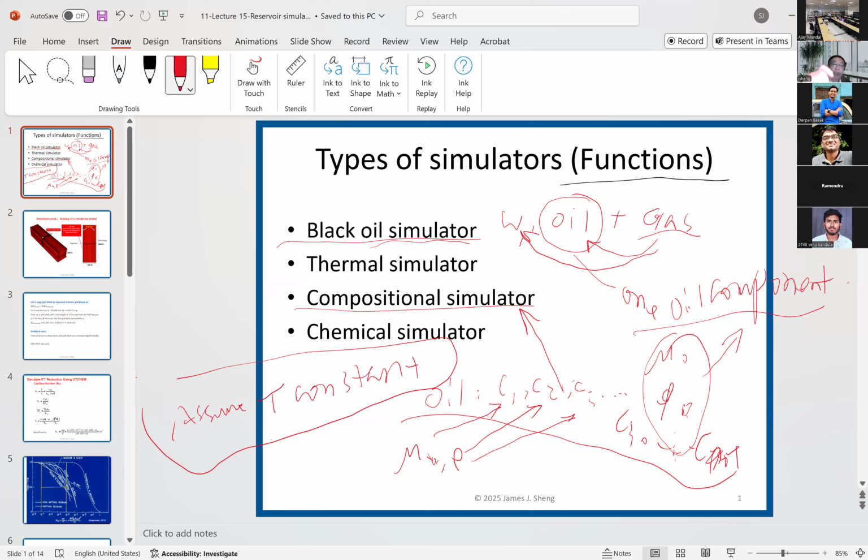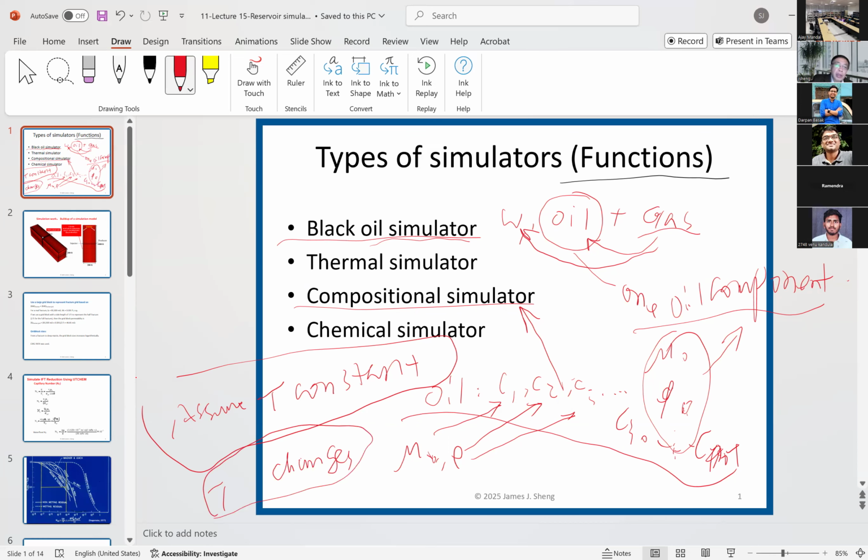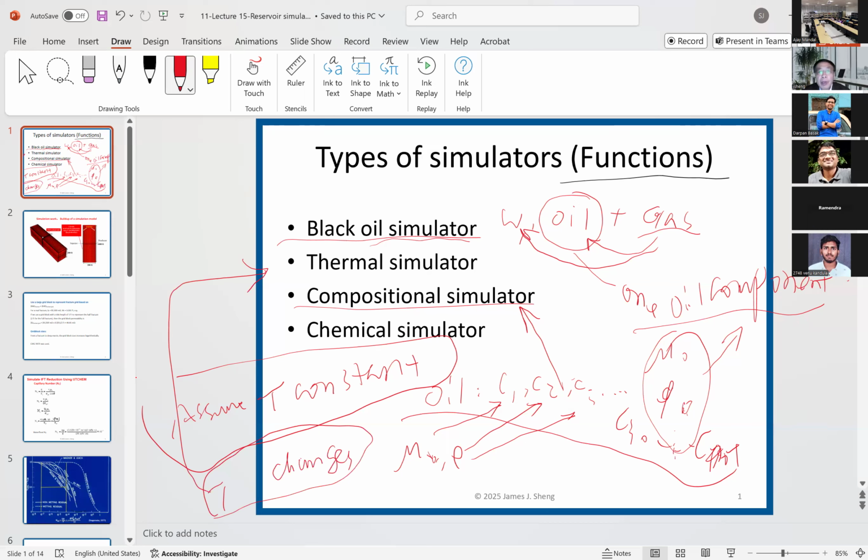But if you consider temperature changes, in other words heat transfer, then this goes to the thermal simulator. All right, so we have the thermal simulator. So far, we mainly talked about temperature changes and oil composition changes.